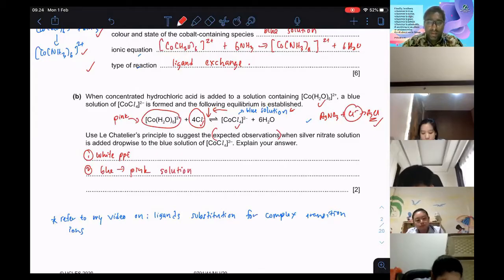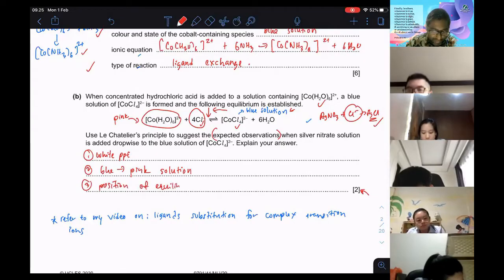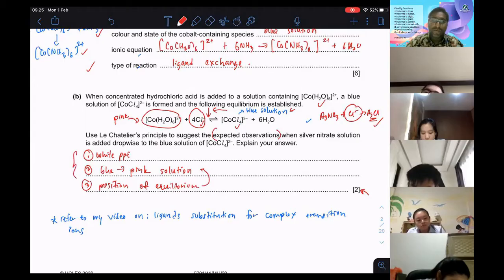And then you can also say, because it's 2 marks, that the position of the equilibrium is shifted to the left. The position of the equilibrium shifted to the left will actually explain this part, if you want. But any two of the responses here will be given the marks. So any two.